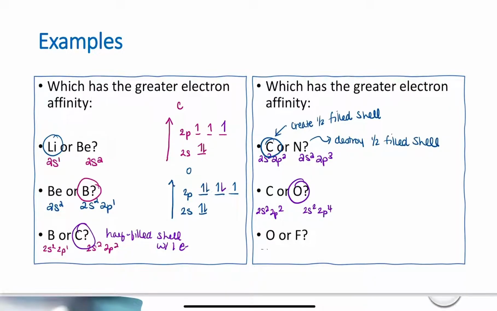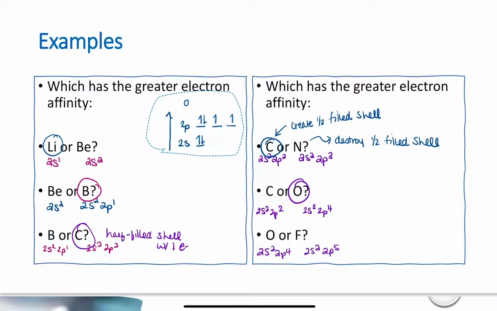And lastly, oxygen or fluorine, 2s2, 2p4, or 2s2, 2p5. So do I want to put one electron here or one electron here?